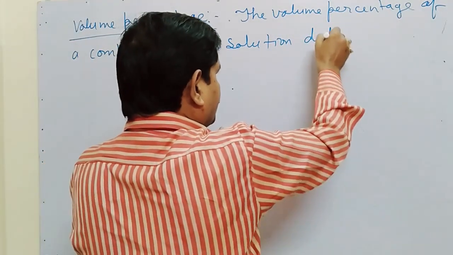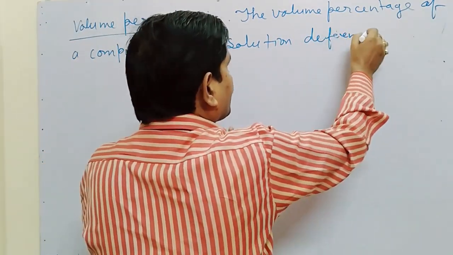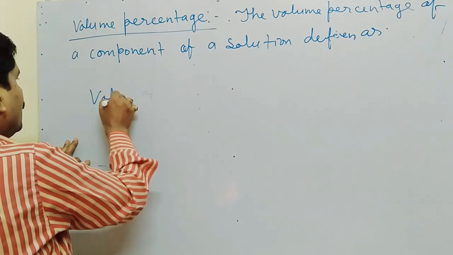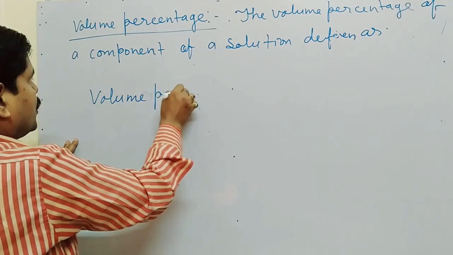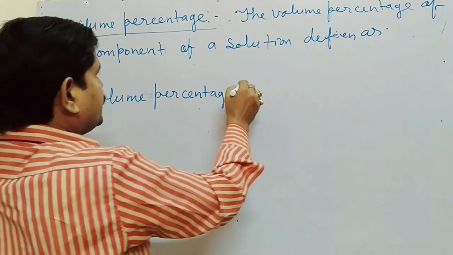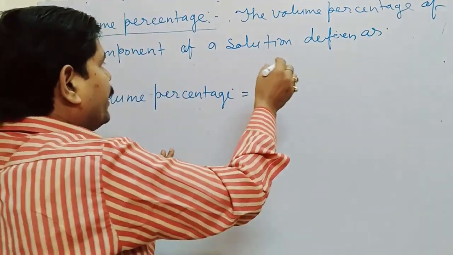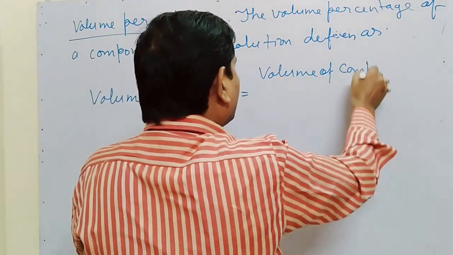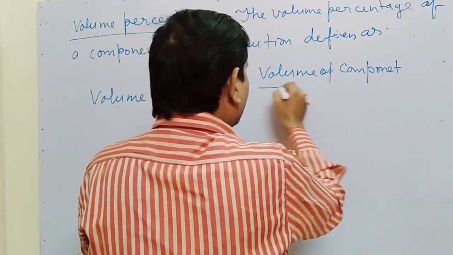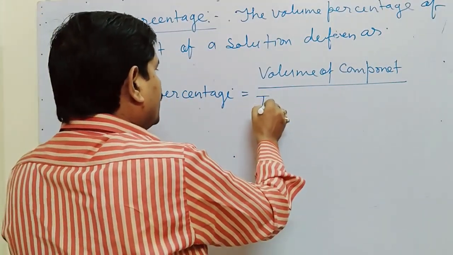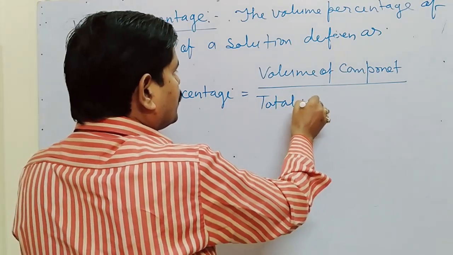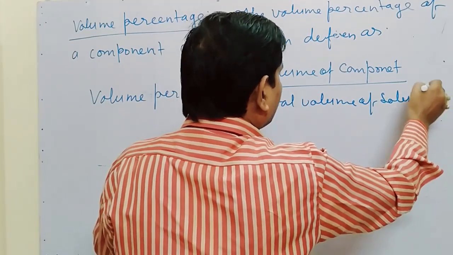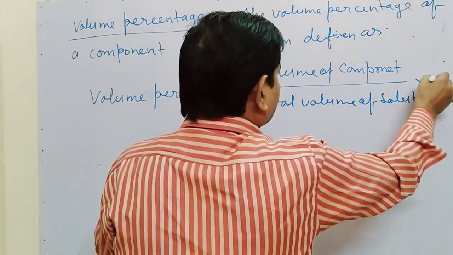Volume percentage is equal to the volume of the component upon the total volume of the solution, multiplied by 100.